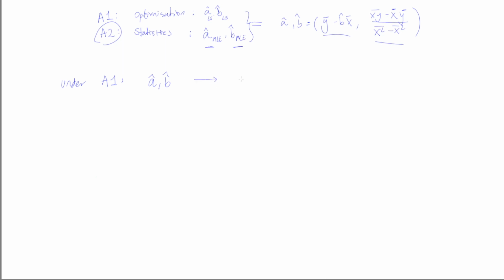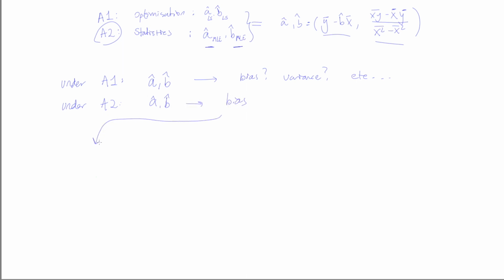So we can't answer questions of bias, variance, etc. There are more important questions in statistics that deal with significance and things like this that we don't cover in this course. But the idea is that once you have the optimization approach, it doesn't give you more in terms of saying things about the estimators. Under A2, you can answer all these questions.